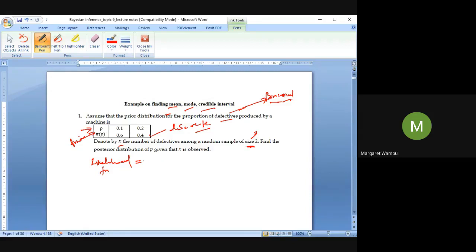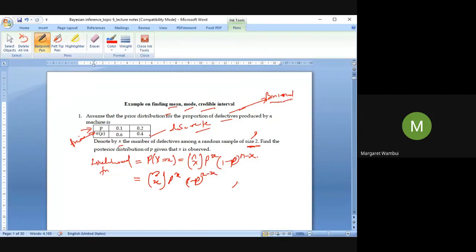So in other words, you can call it f of x, or rather p of x, is given by n combination x, p to power x, 1 minus p, which is the same as our q, probability of failure, to the power n minus x. So we've already been given here that our sample size is 2. So this distribution becomes 2 combination x, p to power x, 1 minus p to power 2 minus x.